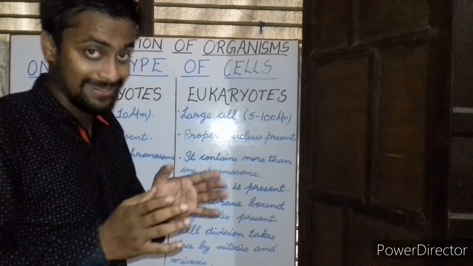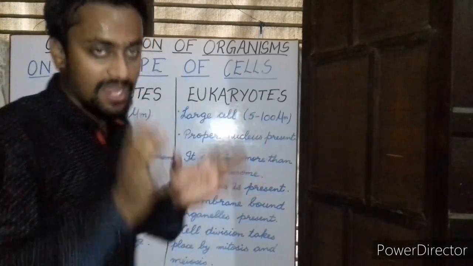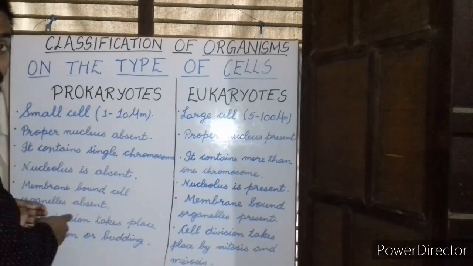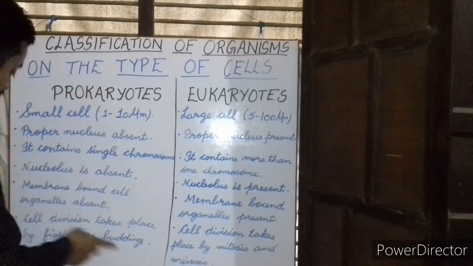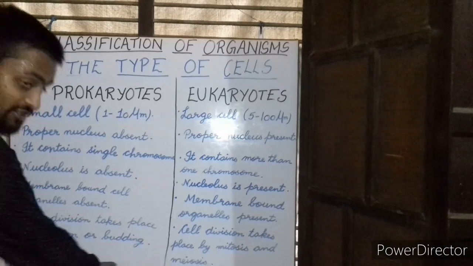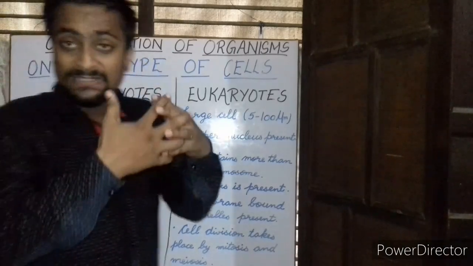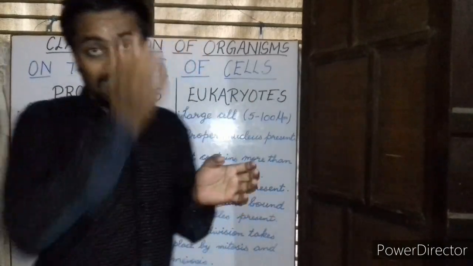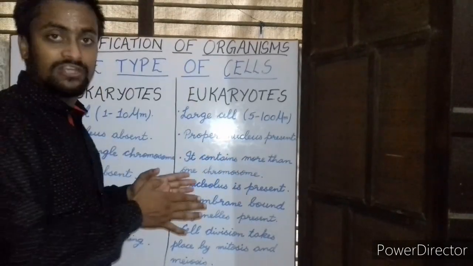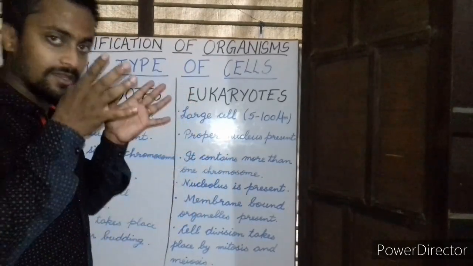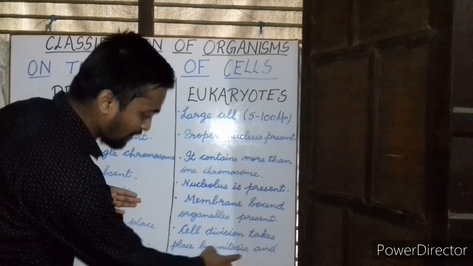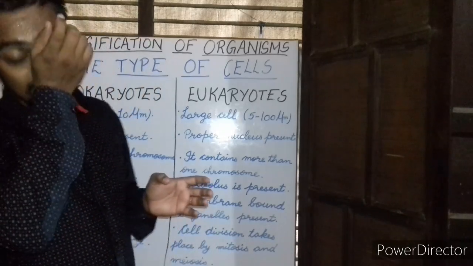And the last point is that cell division in prokaryotic cells takes place by the process of fission or budding, which means simply splitting into two, while cell division in eukaryotes takes place by the process of mitosis and meiosis.